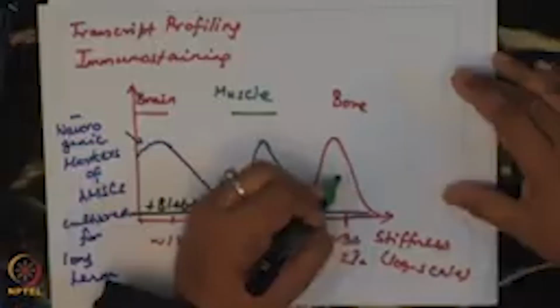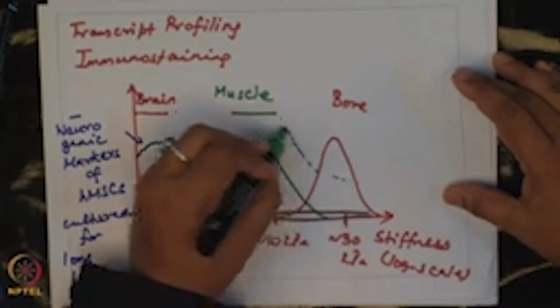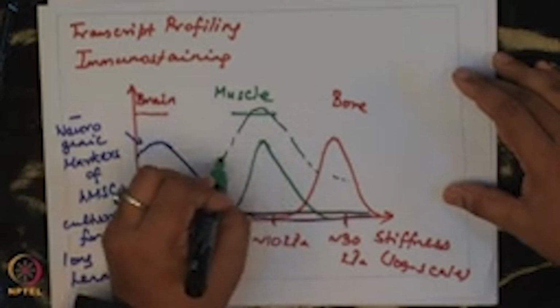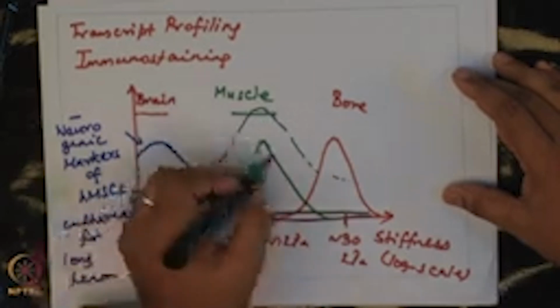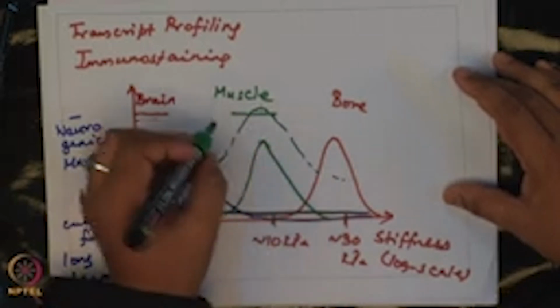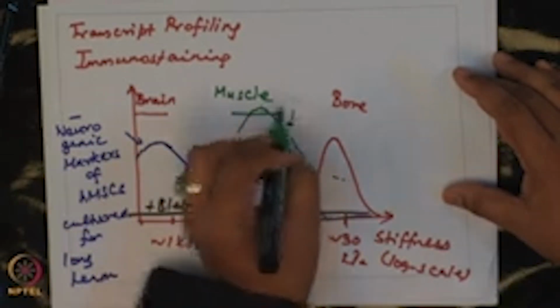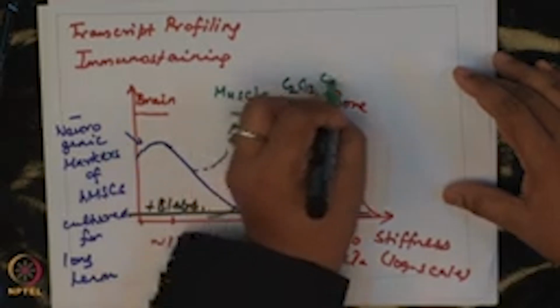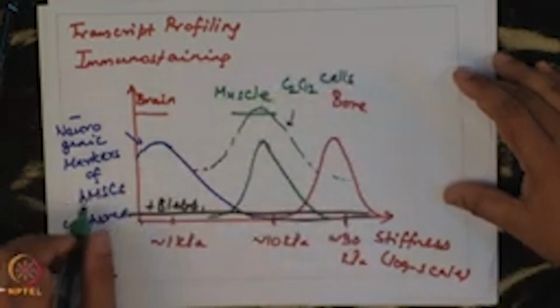So, what would be the profile if you plotted the same for a muscle cell line? Okay. So, what you find is for a muscle cell line, it exhibits the same peak at the same place, which is order 10 kilopascal, but for muscle expression. So, this is of C2C12 cells, just skeletal muscle cells.